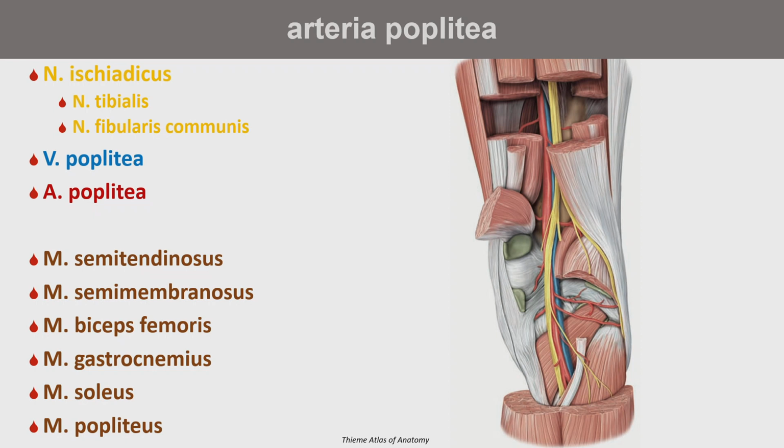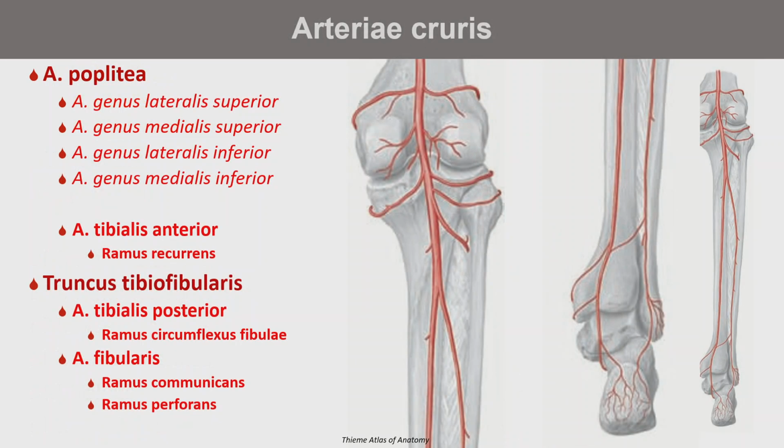articulation, and then important branches are arising from it, supplying the knee region, because there are many structures, so there is very well perfused tissue. So here we could observe typically 4 arteries forming again a ring around the knee. They are called, very easy to remember, genus lateralis superior, medialis superior, lateralis inferior, and medialis inferior.